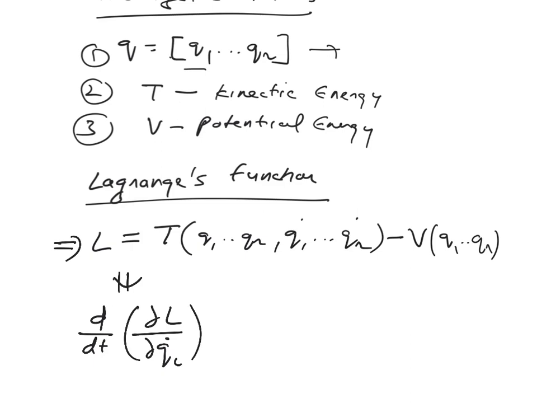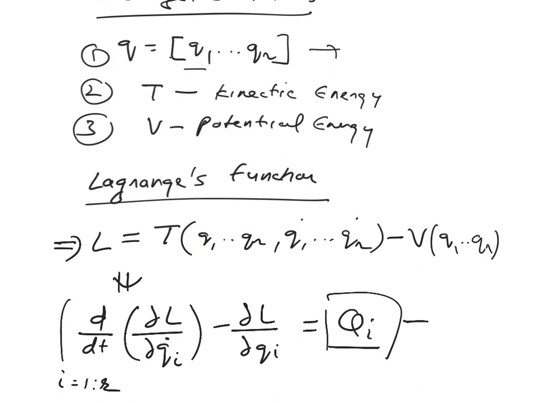When I say i, this i is equal to 1 to R. So for each generalized coordinate, we will have to find the partial and take a time derivative. Then again a partial with respect to qi equals Qi. So this you guys know, but this is called generalized force.